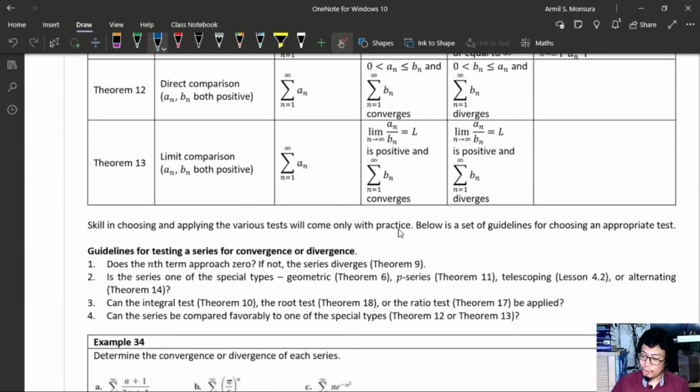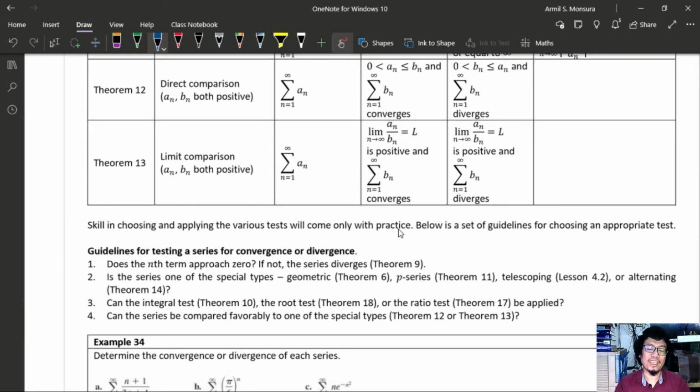The use of these tests in this particular order, and the skill to determine which test actually applies to a certain series by merely looking at its form, comes from practice and experience.